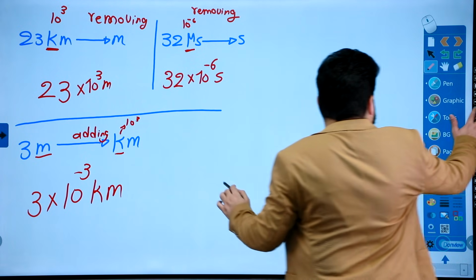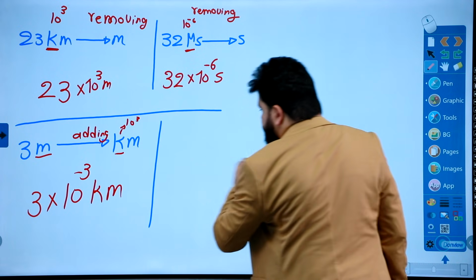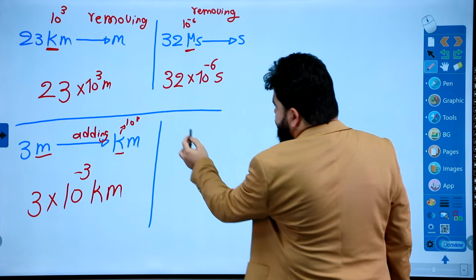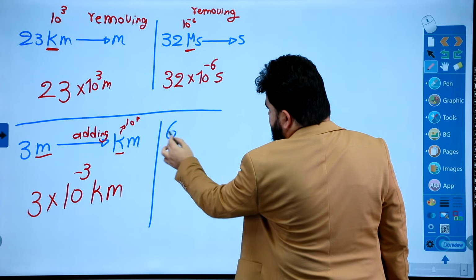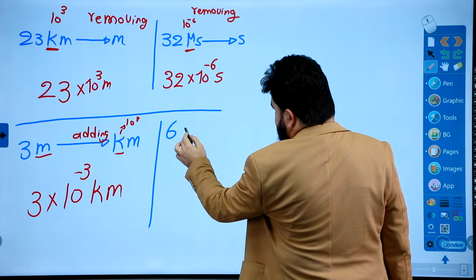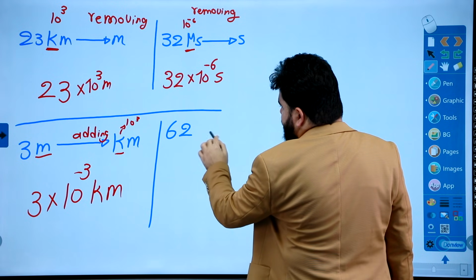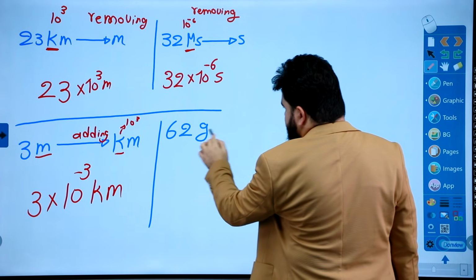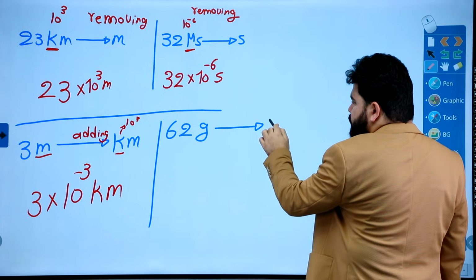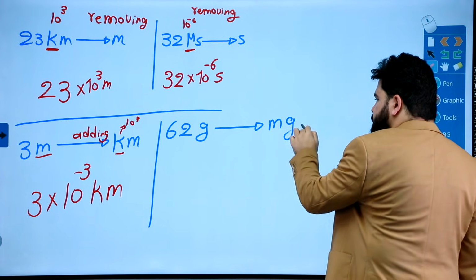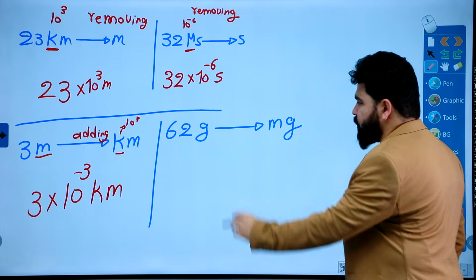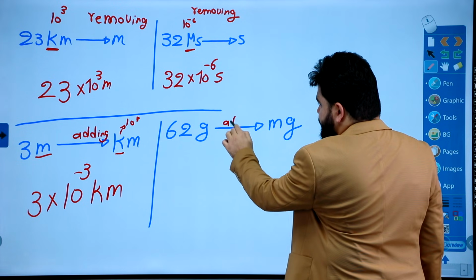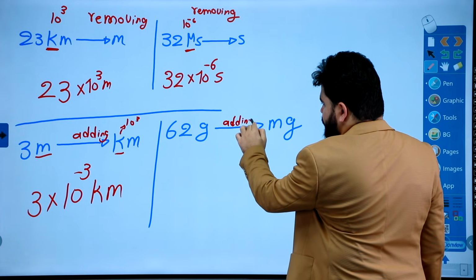Let's take another example. Let's say we have 62 grams. We didn't take gram. Change this to milligrams. So gram is alone. You want to add milli. So this is adding.